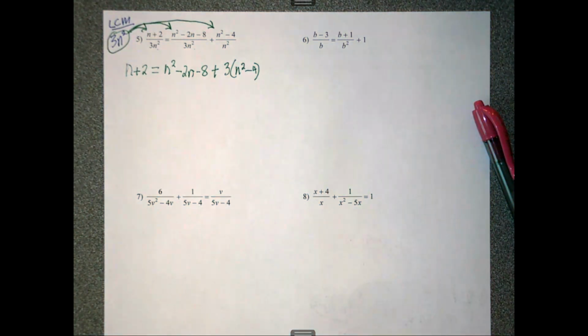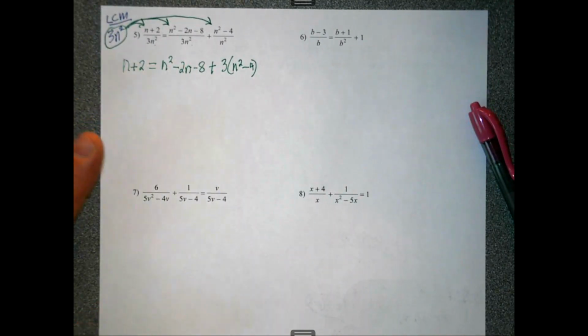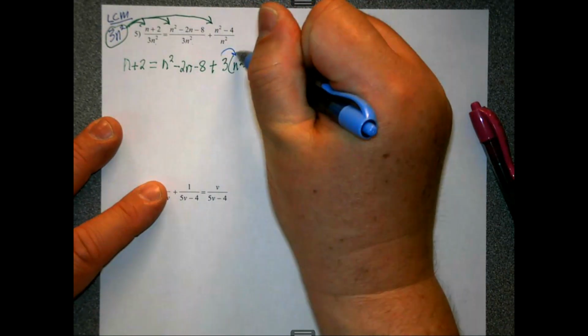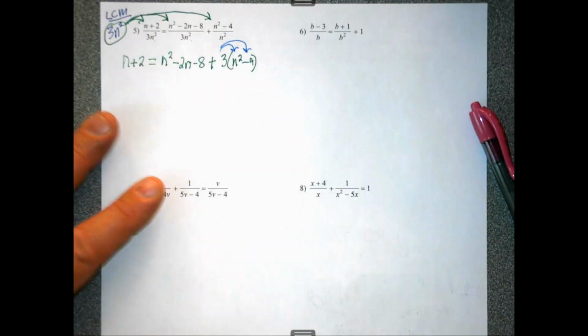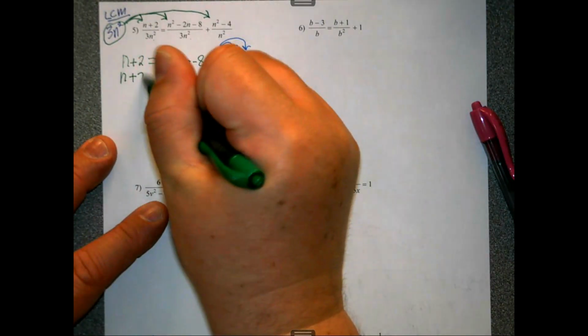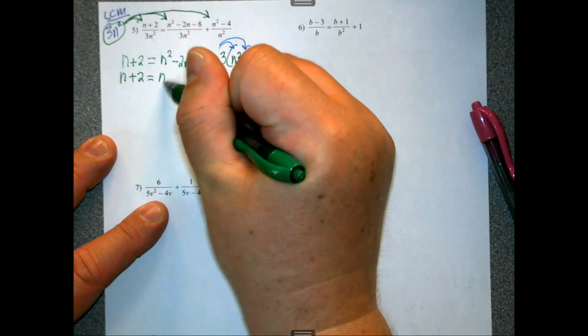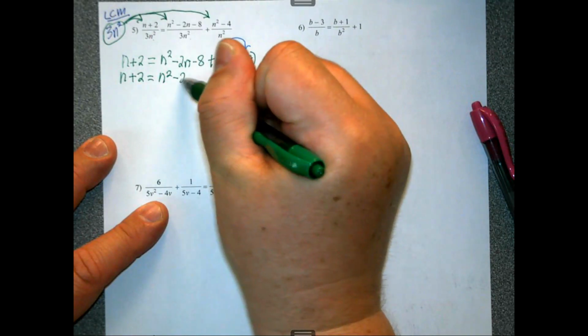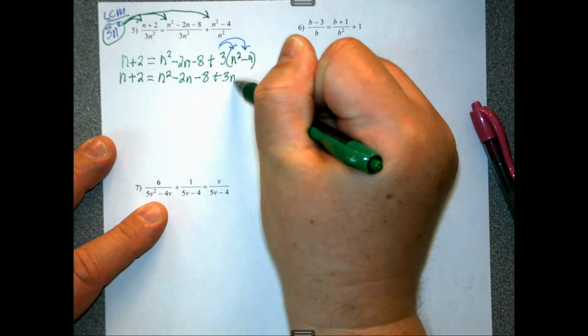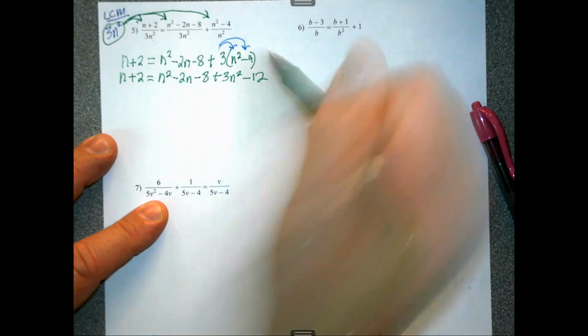I got to distribute the 3, right? So I have n plus 2 equals n squared minus 2n minus 8 plus 3n squared minus 12.